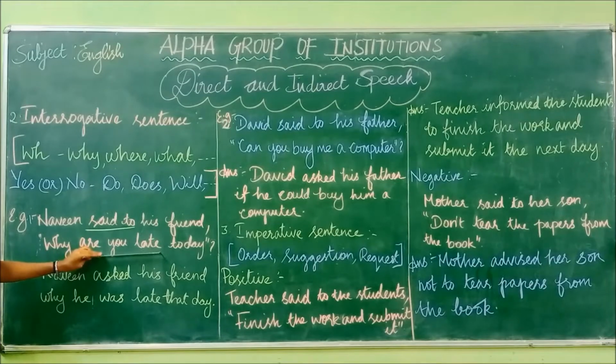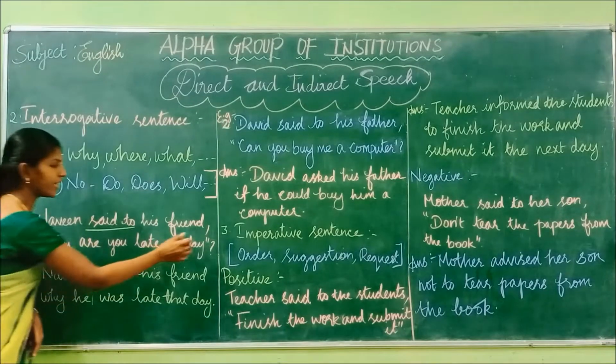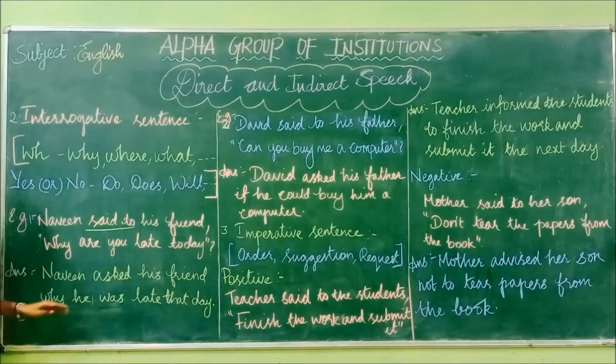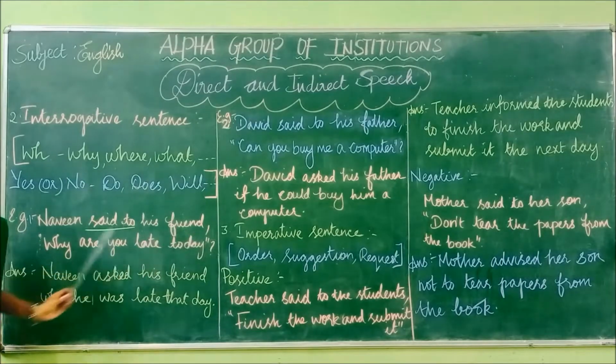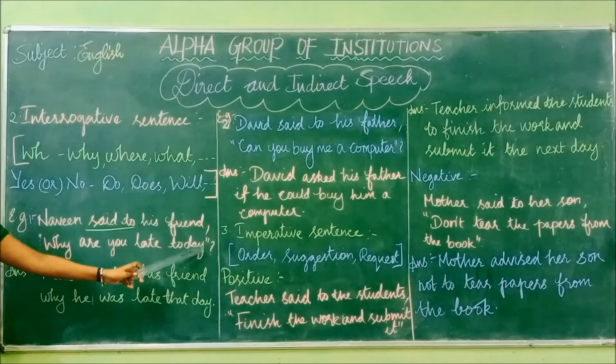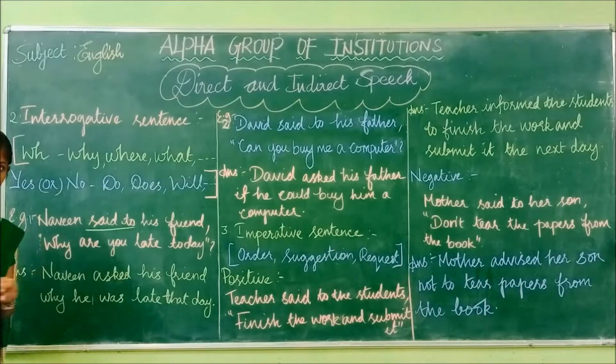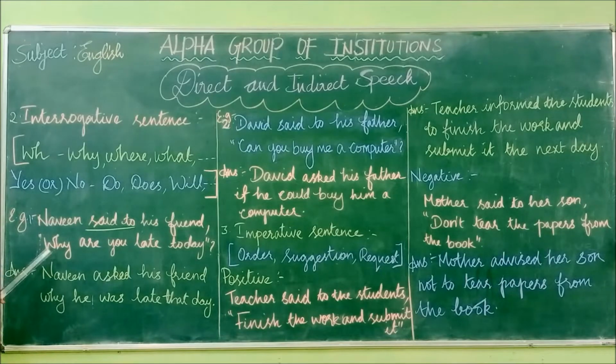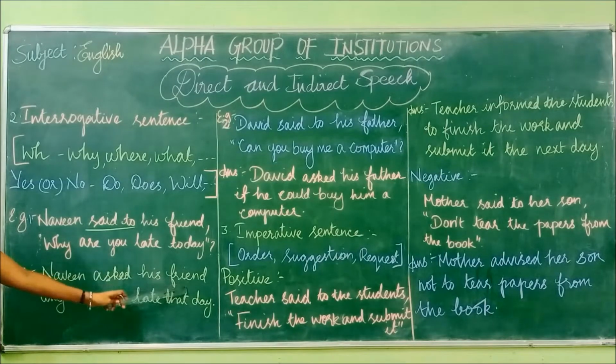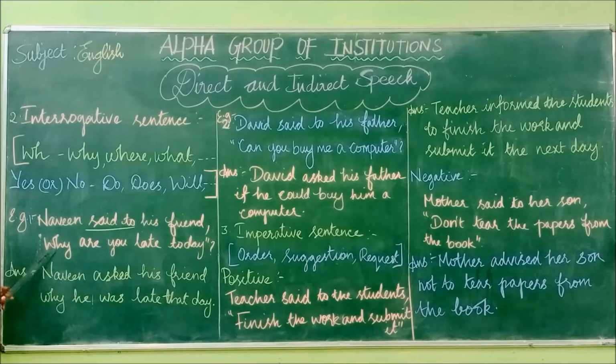Now we are going to see the second part. Okay. So we are removing this comma when it comes to indirect speech, and we remove the quotation marks that are given in the question. And if it started with a WH question, you can write the same WH word here. So once you finish this, Naveen asked his friend, why? Why is given here, so we are writing the same here.